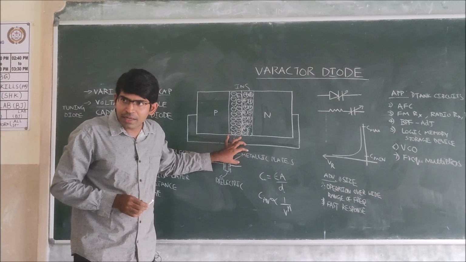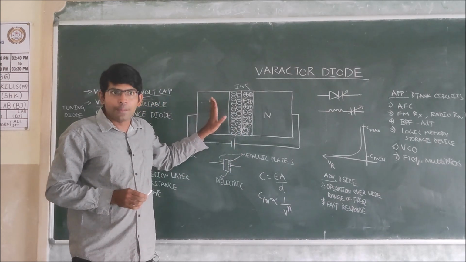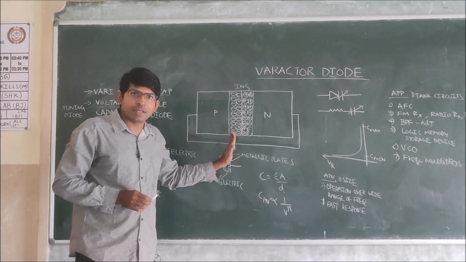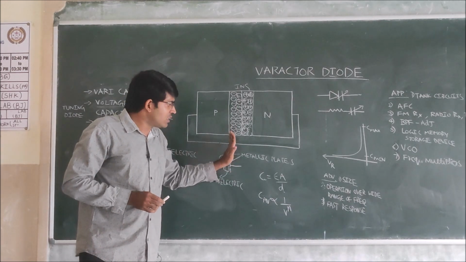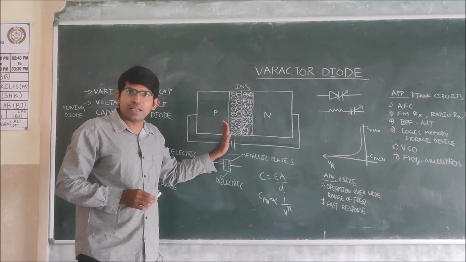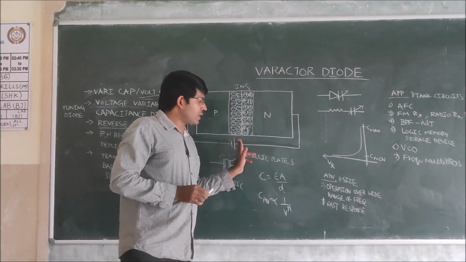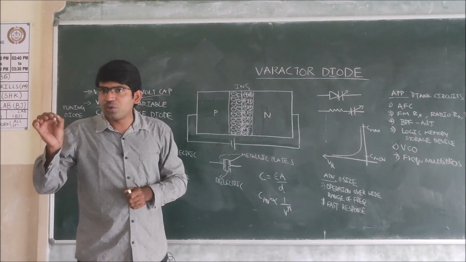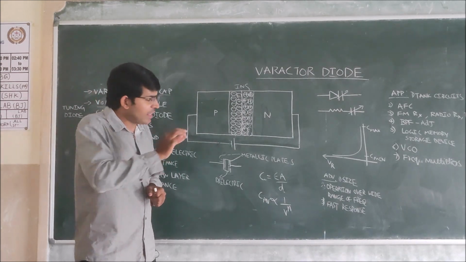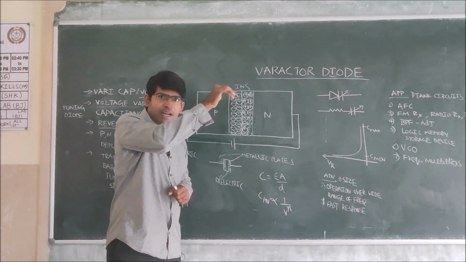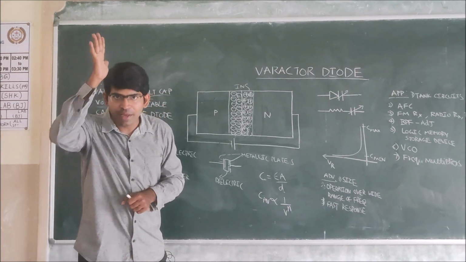When operating in reverse bias, the P-type semiconductor is connected to the negative terminal of the battery, and the N-type semiconductor is connected to the positive terminal of the battery. Then the diode is said to be connected in reverse bias.